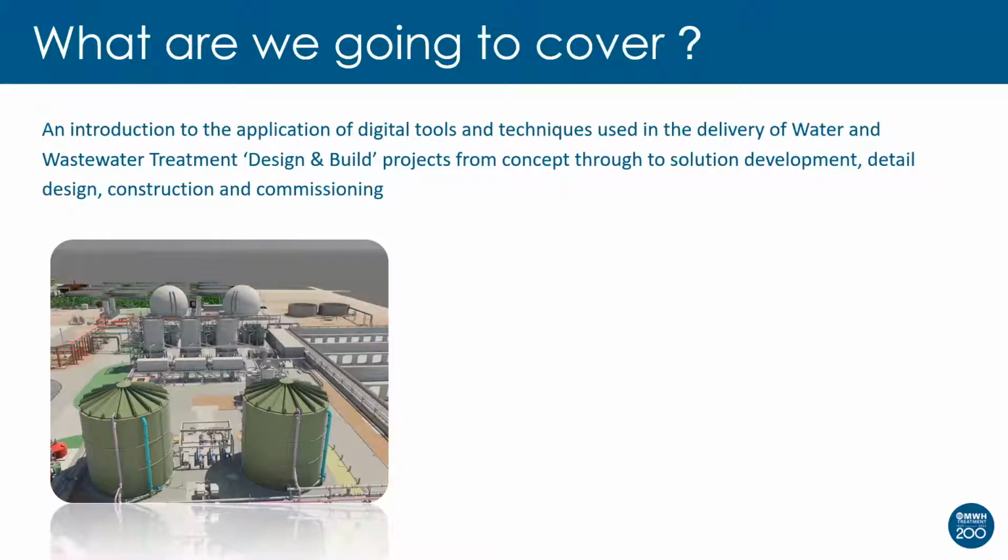As we're in AMP 7 now, we are really on track to see much wider use of these tools, and I'm sure we will see many of them being embedded as business as usual throughout our projects. So the slides I'm going to take you through, firstly, what is digital delivery? A basic understanding of the terminology and how it applies to the project life cycle.